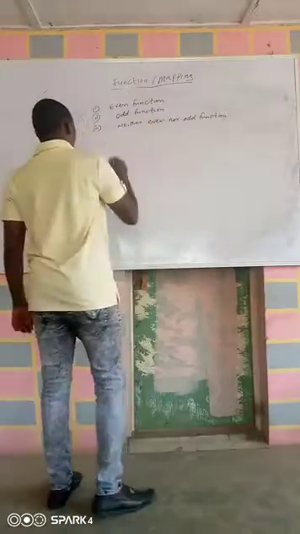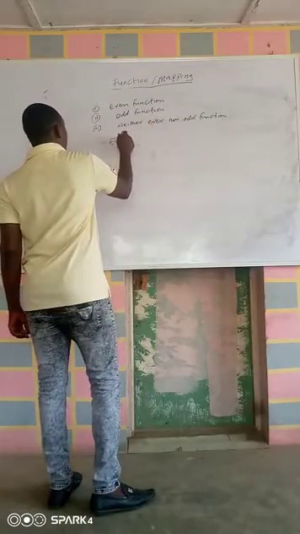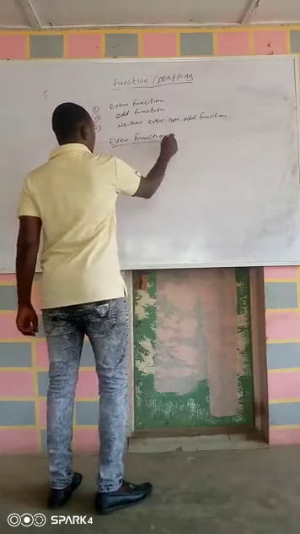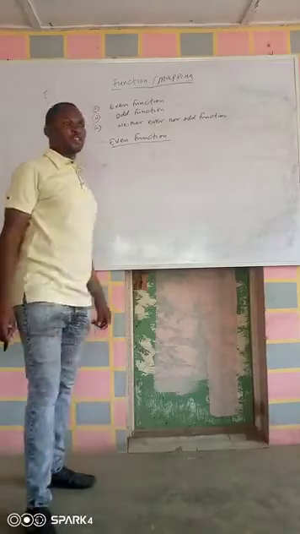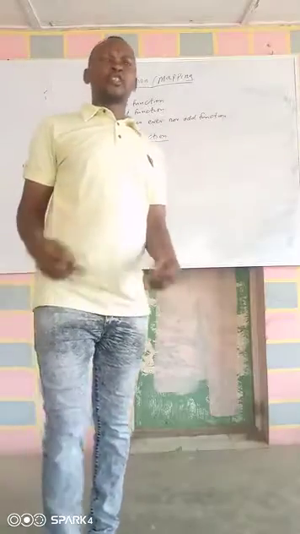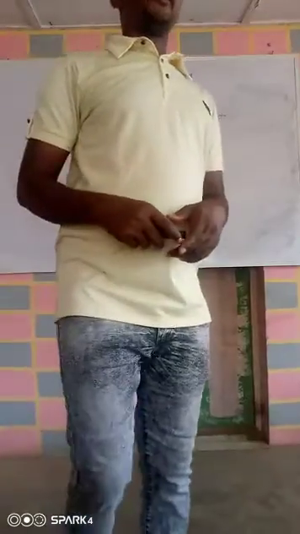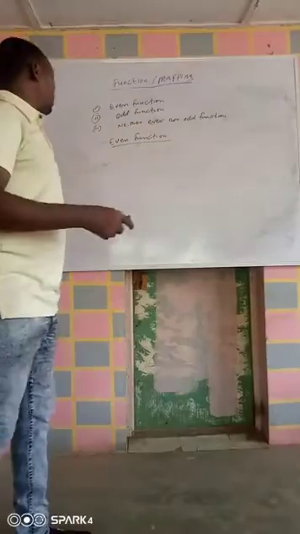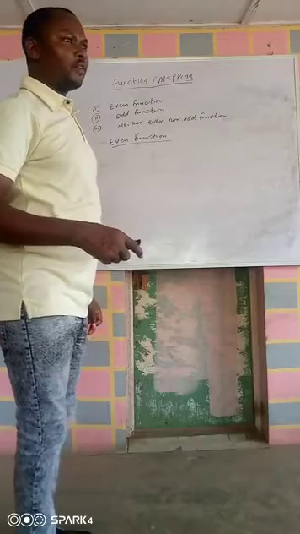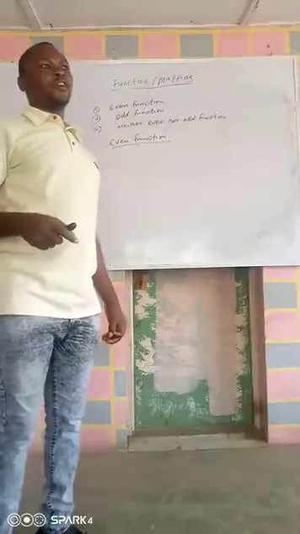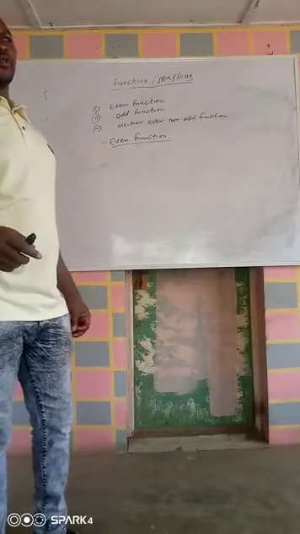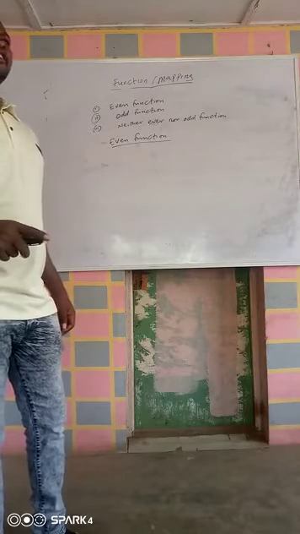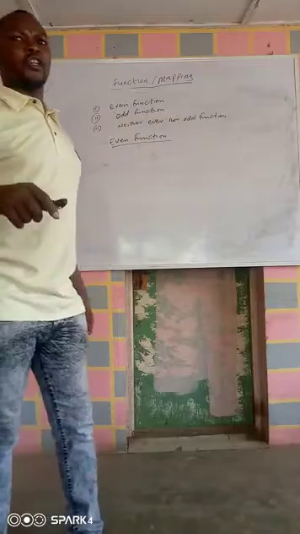So we have an even function. An even function is a kind of function in which the input, after substituting a negative variable for the variable that is given in the function, gives back the original function.